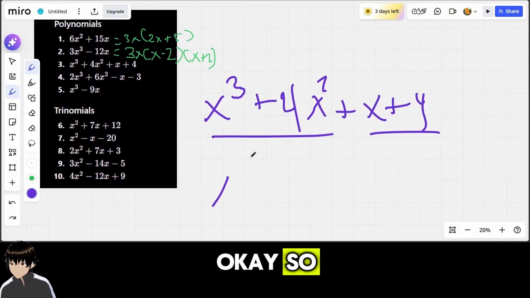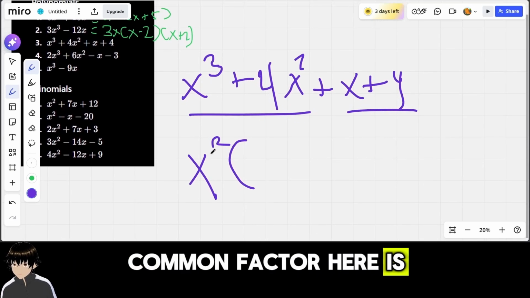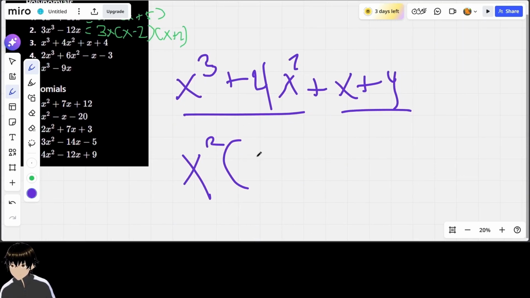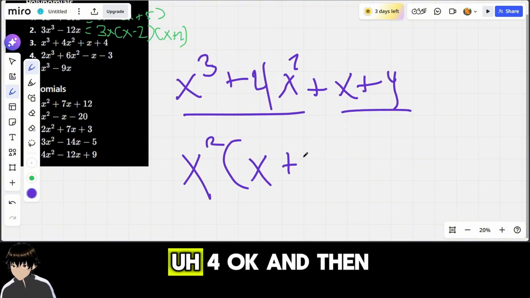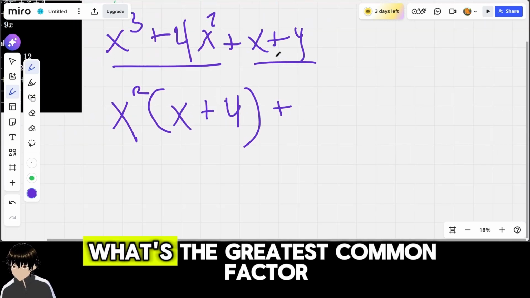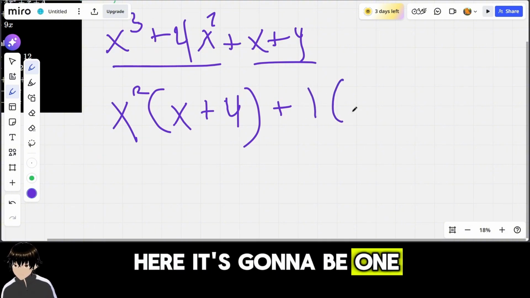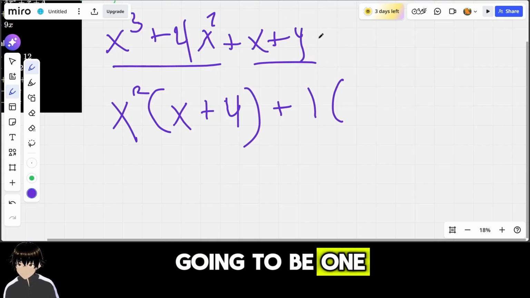Okay, so the greatest common factor here is x squared, so if you get x cubed, we get x here plus 4. And then what's the greatest common factor here is going to be 1. It's just going to be 1.